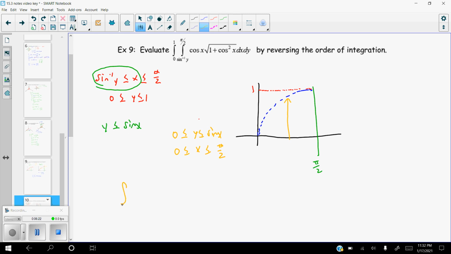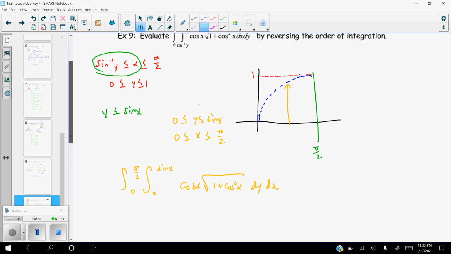We're going to have the integral from 0 to pi halves, integral 0 to sine of x of cosine of x square root of 1 plus cosine squared of x dy dx. So now we're taking the antiderivative first with respect to y.